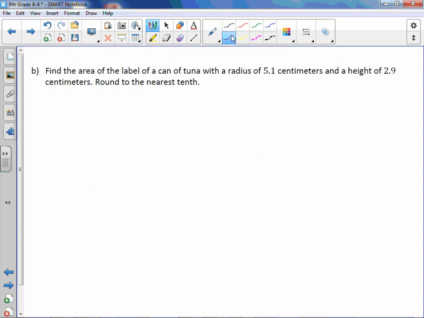Letter B. Find the area of the label of a can of tuna with a radius of 5.1 and a height of 2.9 centimeters. Here again, we are finding just the label, which is just the lateral area.